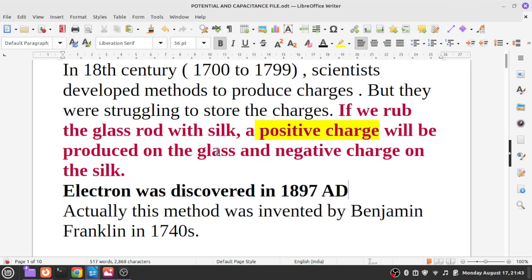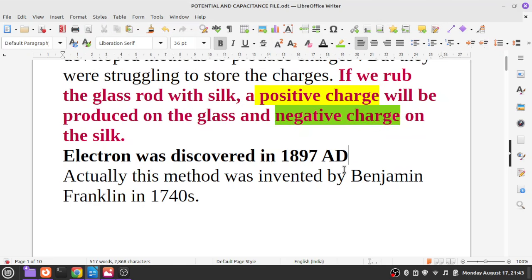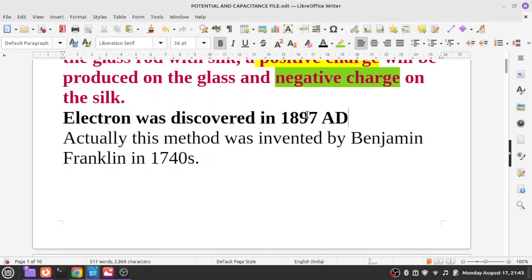Therefore, in the 18th century, even though they were producing charges, they had no idea how those charges were produced. That is an important thing you should observe.